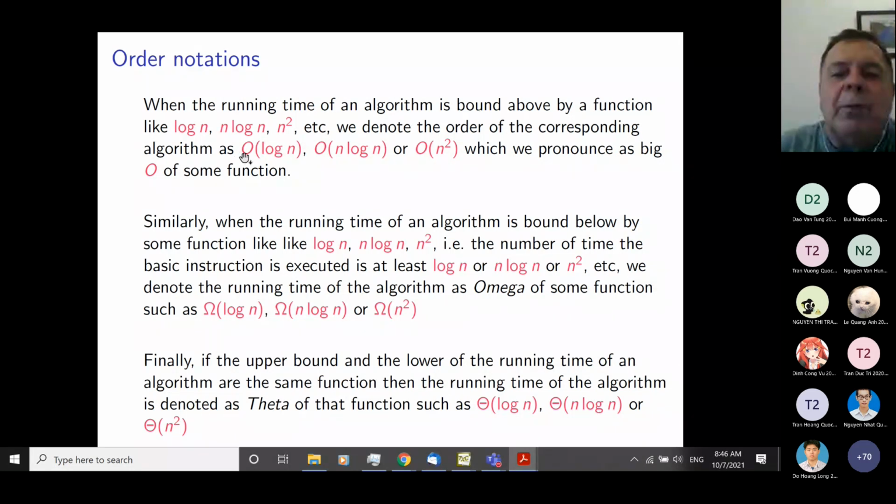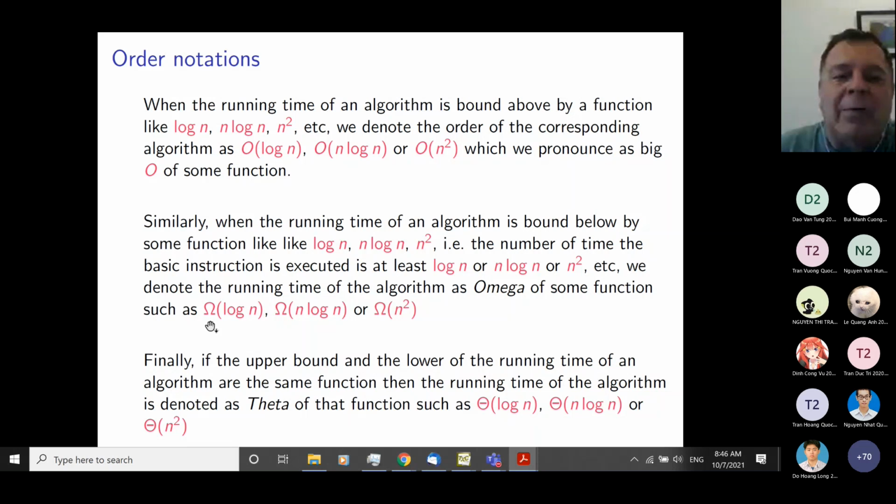So why do we put the big O in front of it? The big O has one important meaning: it says that we are bounding the running time of the algorithm with this function. Big O, omega, and theta have different meanings in terms of how they bound the running time of an algorithm.